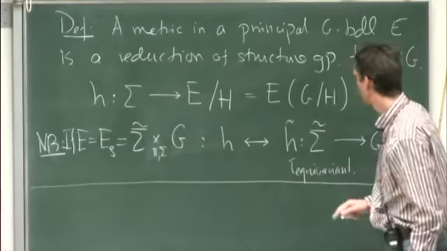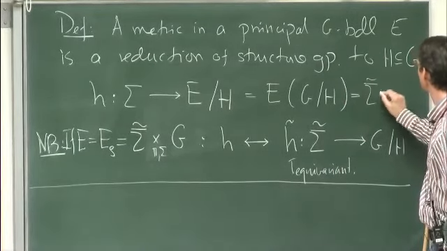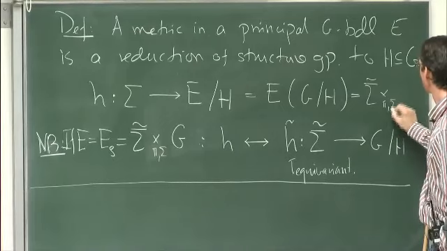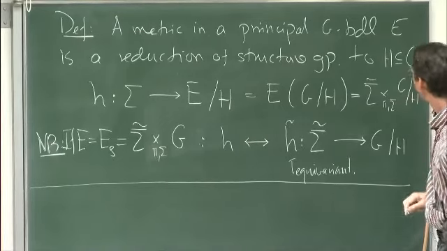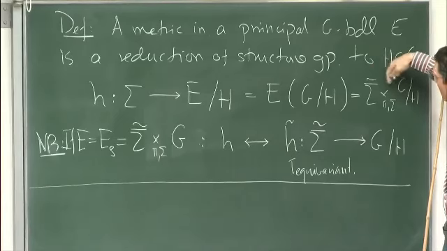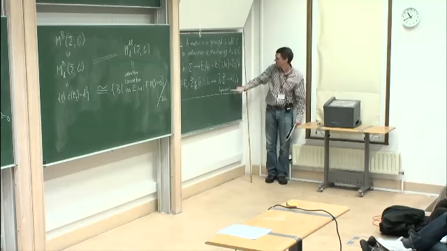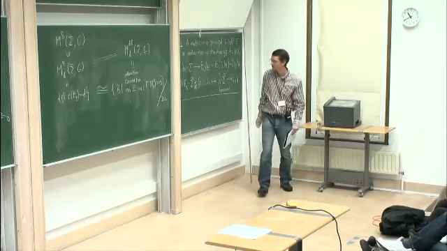This is because this space here can just be viewed as sigma tilde cross pi 1 sigma G over H. So thinking in terms of principal bundles, a section of an associated bundle to a principal bundle is a map from the total space of the principal bundle to the fiber space, which is equivariant. So this is exactly the correspondence.